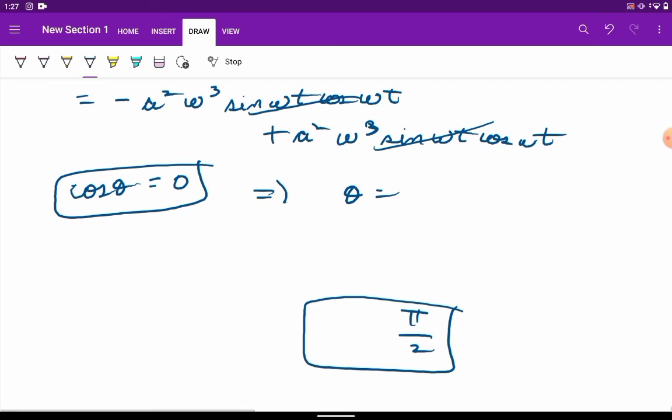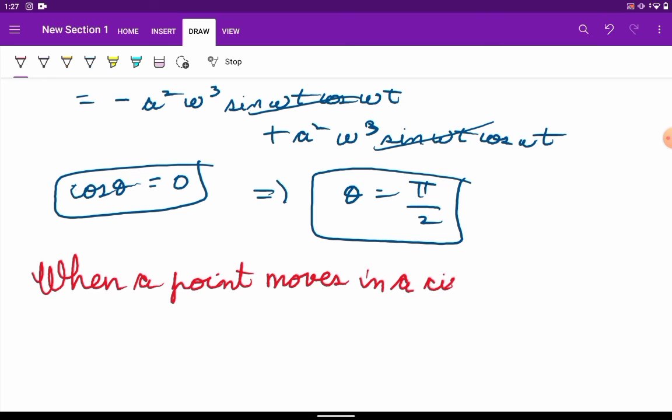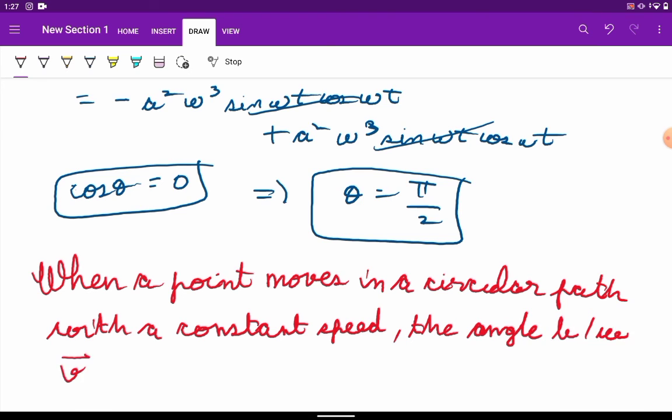So basically, the conclusion that we can draw from this is, I'll just write it here, when a point moves in a circular path with a constant speed, as in this case, the angle between velocity vector v and acceleration vector w is equal to pi by 2.